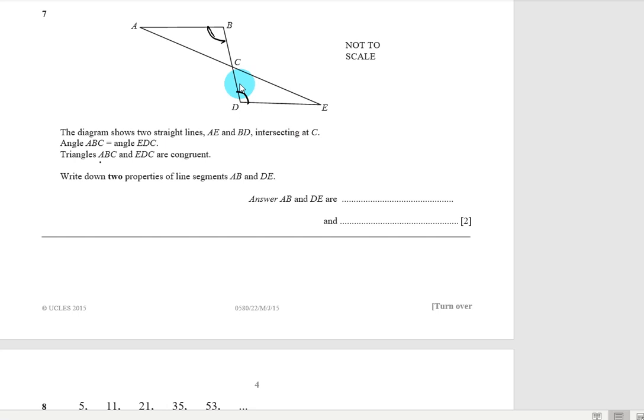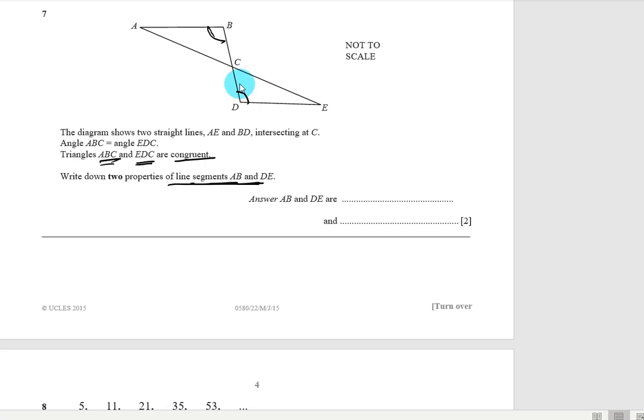Triangle ABC and triangle EDC are congruent. Write down two properties of line segments AB and DE.